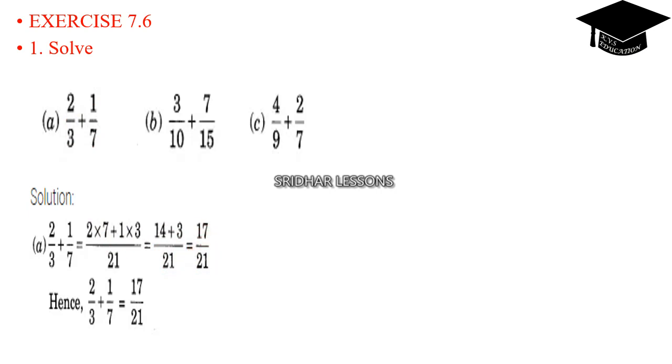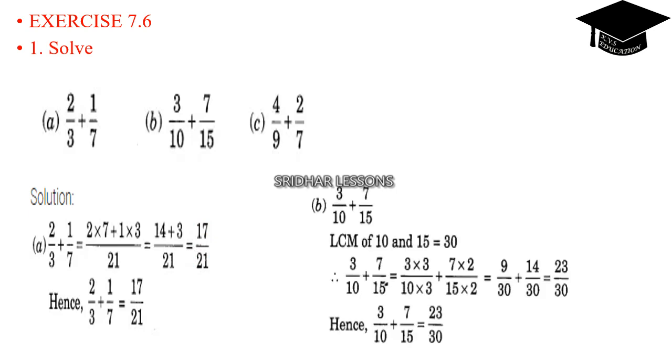Next one, 3 by 10 plus 7 by 15. The LCM is 30, so we have taken 30 as the LCM. 3 by 10 plus 7 by 15 is equal to 3 into 3 by 10 into 3 plus 7 into 2 by 15 into 2.